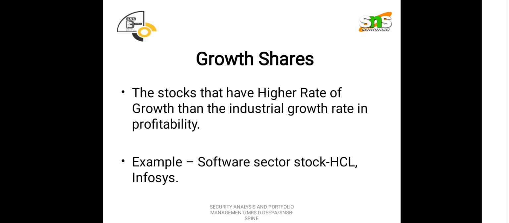We can say HCL, TCS, Infosys, Wipro, all the software related IT companies, which come under the category of growing faster than the industrial sector. These shares are blooming in a faster way.